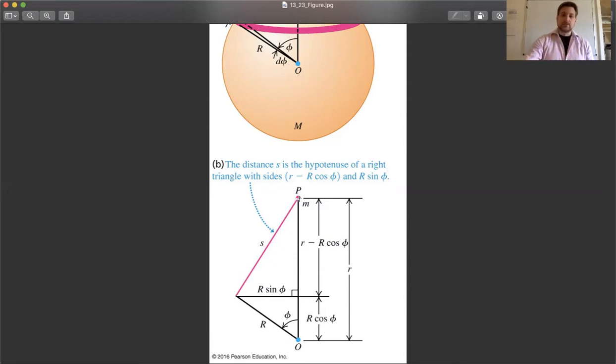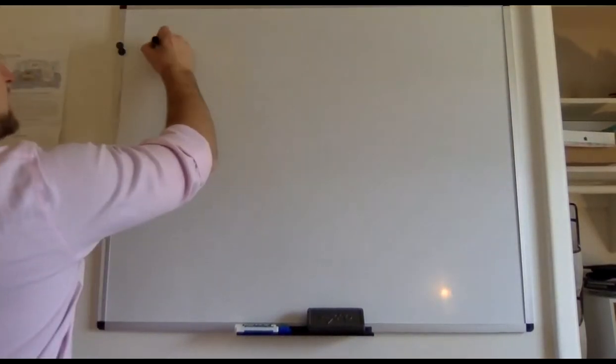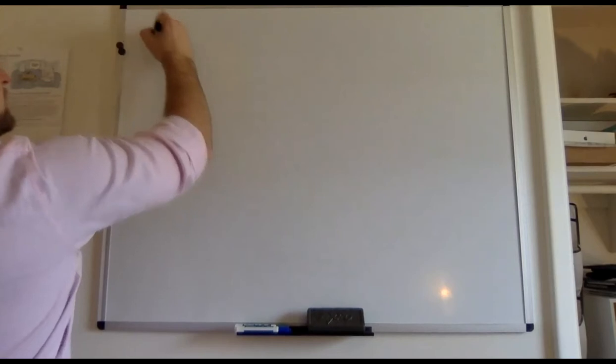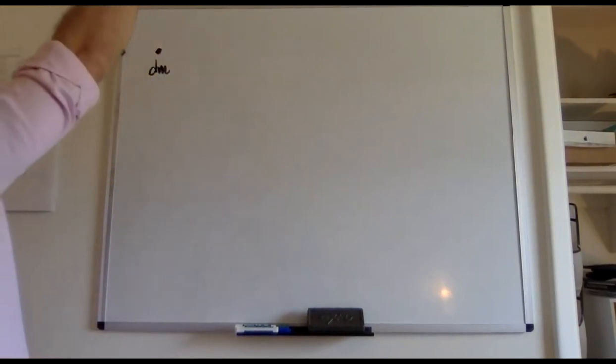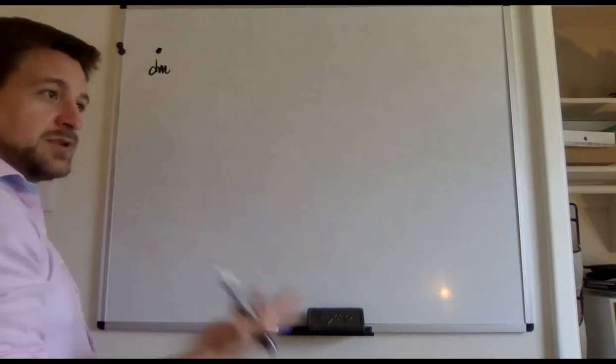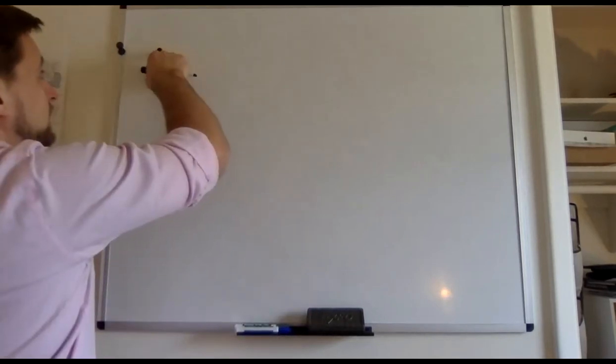I'm going to stop sharing my screen. Okay. So that little chunk of mass dm right on the edge of the sphere. At point P, we feel some gravitational potential energy according to this little mass.